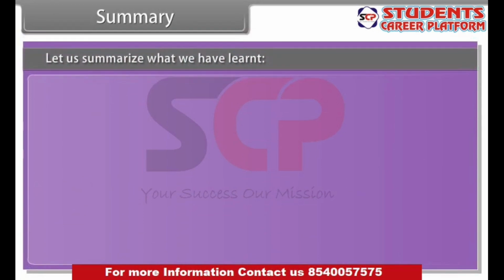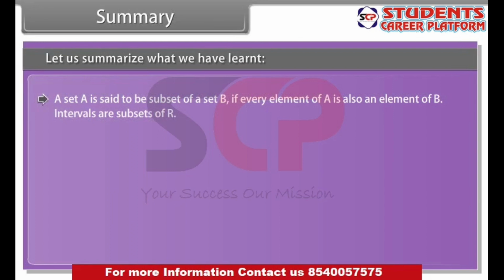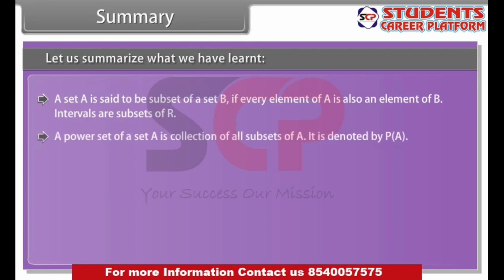Let us summarize what we have learned. A set A is said to be a subset of a set B if every element of A is also an element of B. Intervals are subsets of R. A power set of a set A is the collection of all subsets of A. It is denoted by P(A).